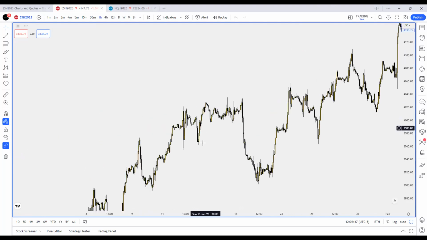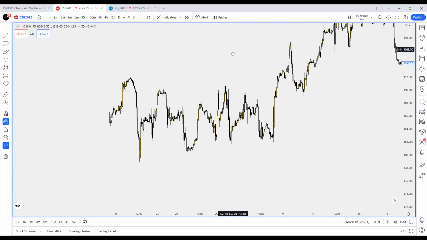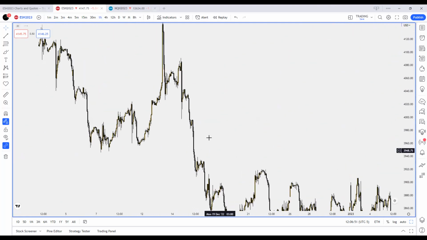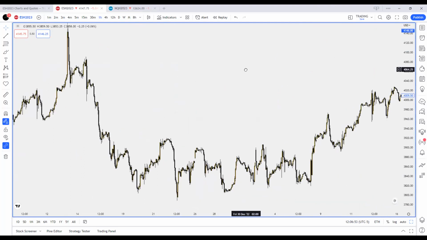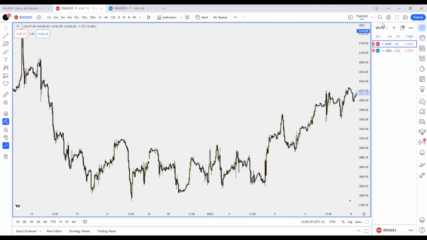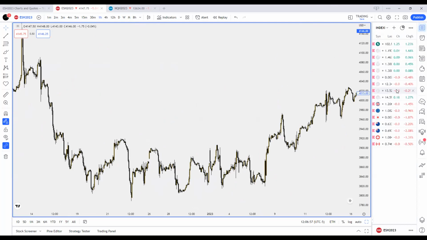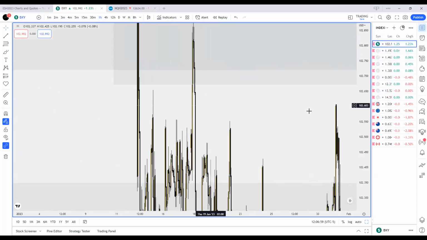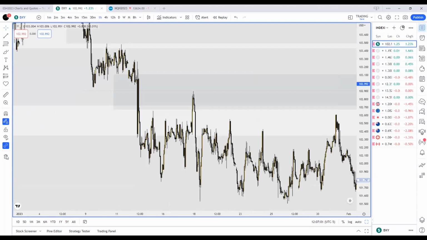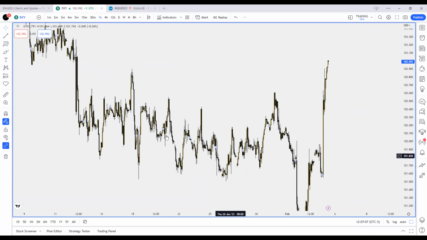But a bearish breaker, in order to get to that, let me show where price might have been. Actually, instead of ES, I'll go to the DXY for a second. DXY was kind of going down.